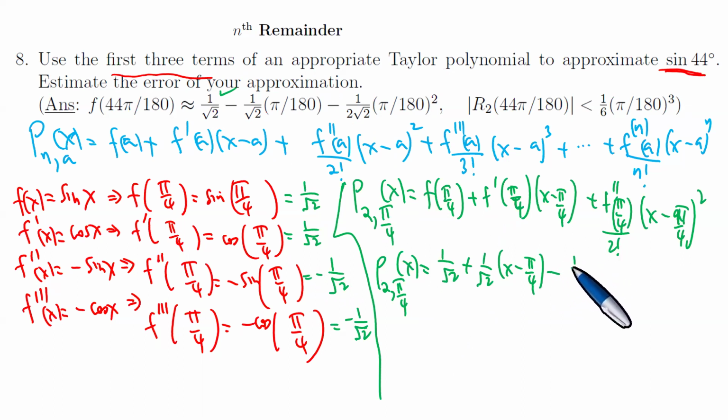F double prime is minus 1 over the square root of 2, which is this one. Then x minus pi over 4.